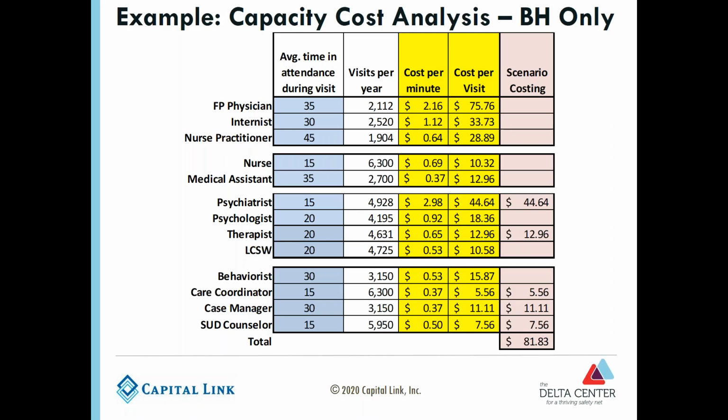But we're going to say that for this group, that's the level we're going to talk about. We're going to assume that the average visit of each of these types is the numbers we put in there. So then you can use the salary number we had from the last slide and come up with their cost per minute and cost per visit. And using that math is how we came up with the $81.83 in the far right corner. Okay, next slide, Chloe.